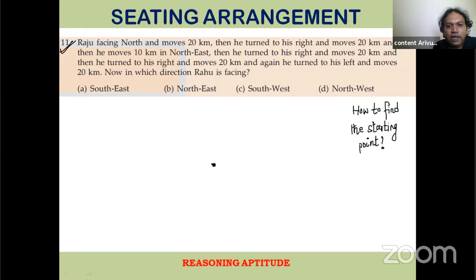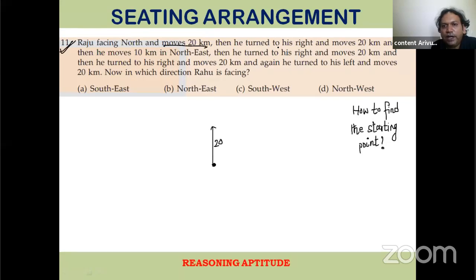Any point is the starting point. Just put a dot anywhere and you start from that. That's your starting point. So Raju facing north moves 20 kilometers. So I put a dot here, and this is the starting point. He moves 20 kilometers north, so I make a line here.